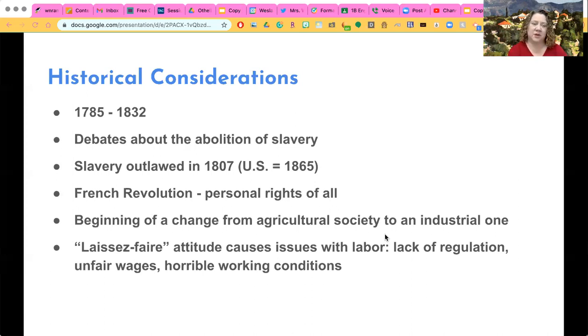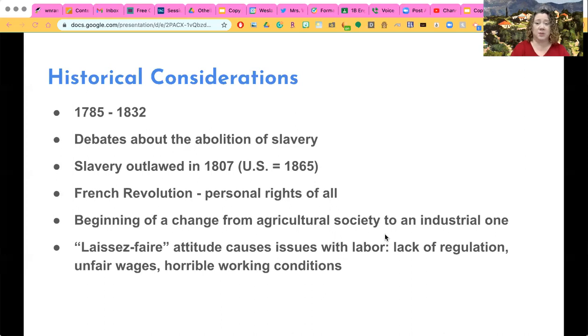That led to a lot of issues in industry, especially with labor and the fair treatment of workers. The bosses and the people owning the companies would just say, well, they get what they get, they're poor. And of course, the poor people suffered as a result of that.